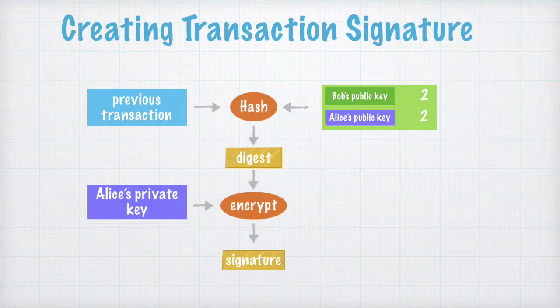So here I say Bob's public key and Alice's public key, and more specifically this is going to be the Bitcoin address of Bob and Alice. Conceptually this is almost the same, which is why I put that here. This information is concatenated and hashed to get what we call a digest, which is then encrypted using Alice's private key, which gives us the final signature.